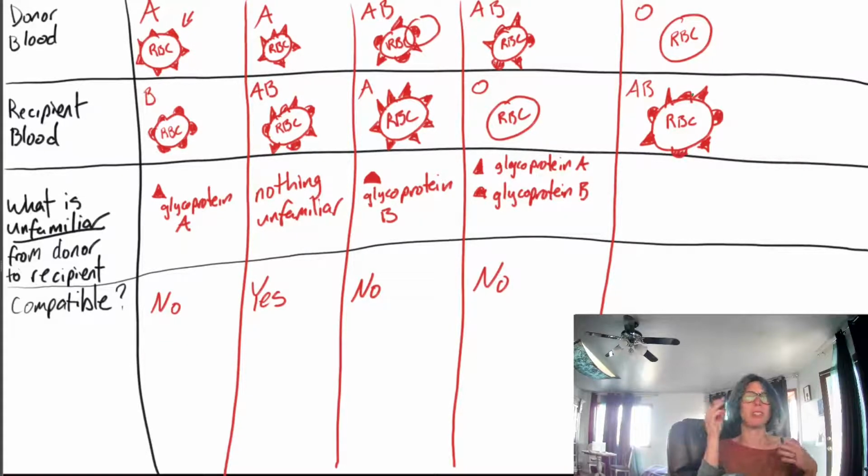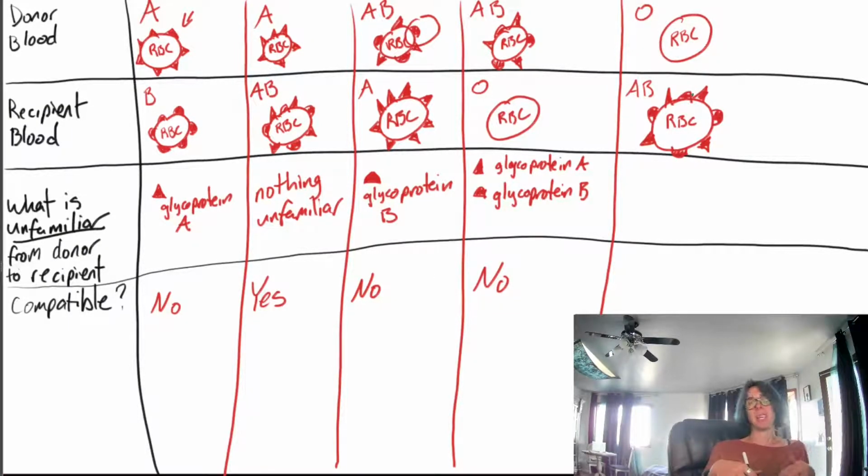So because the O blood type is clean when it comes to this particular glycoprotein, it doesn't elicit an immune response in anybody. This is why O is considered the universal donor. Because O doesn't have any of these glycoproteins, there's nothing on O that's offensive to anybody's immune system. It's clean, nothing for the antibodies to attach to, nothing for antibodies to attack. So O is the universal donor.